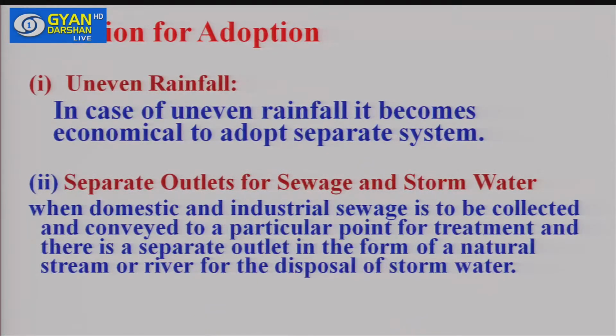What are the situations in which this separate system is adopted? The situations in which we can adopt the separate sewerage system are, first of all, uneven rainfall. When there is uneven rainfall throughout the year, meaning at some times there is no rainfall, at some points there is excess rainfall, or there are chances of heavily concentrated rainfall events.